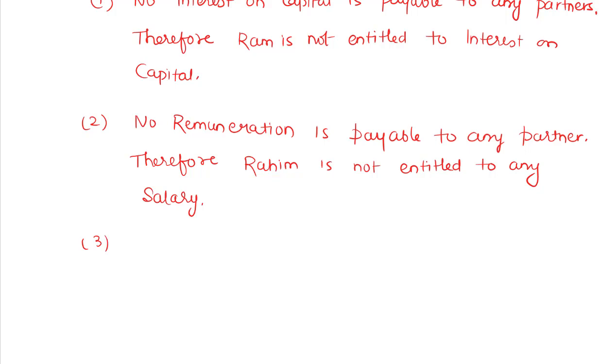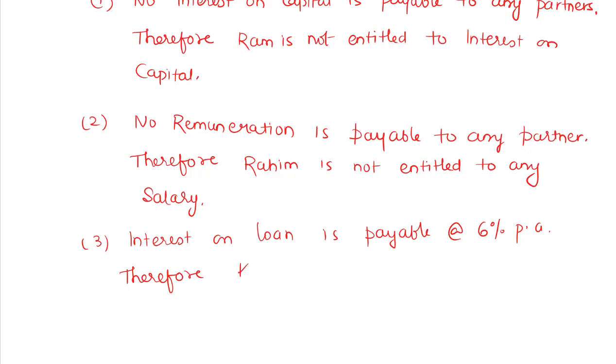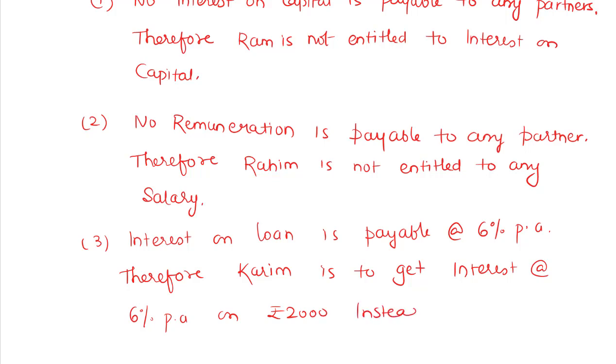Third, interest on loan is payable at the rate 6% per annum. Therefore, Kareem is to get interest at the rate 6% per annum on rupee 2000 instead of 12%.